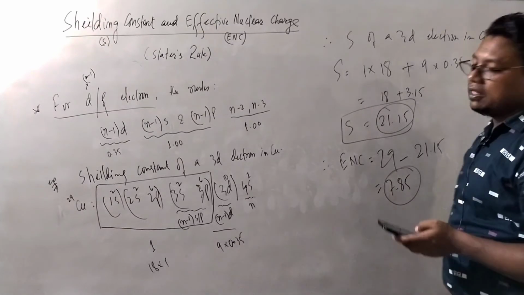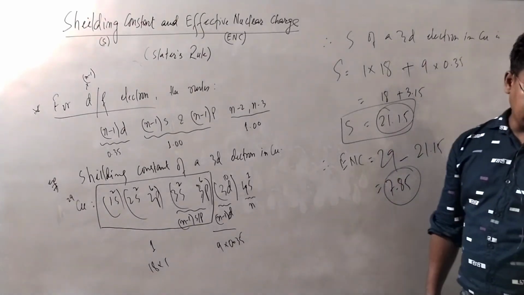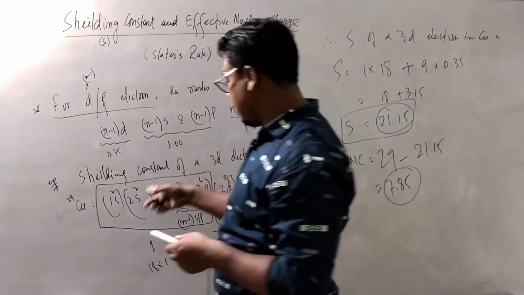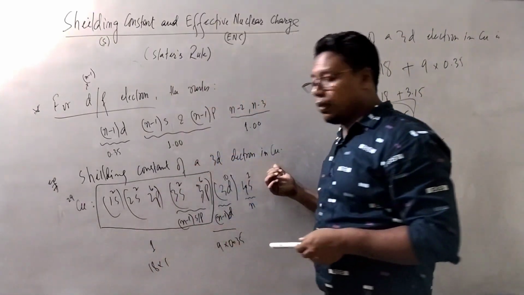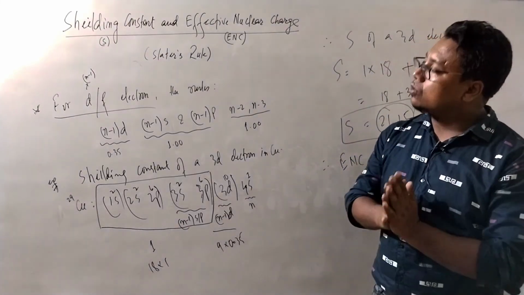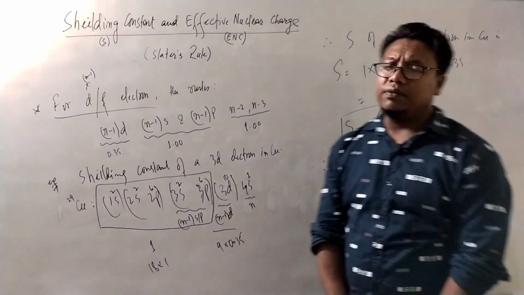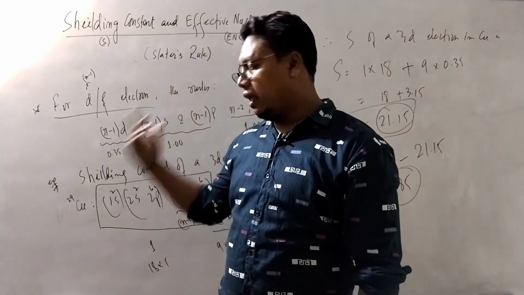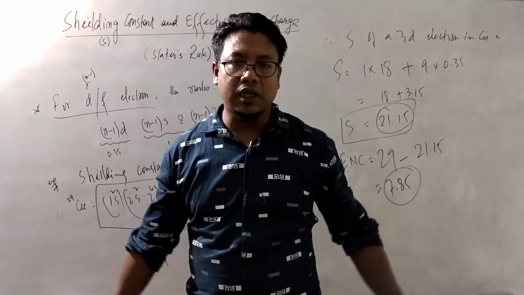This is the effective nuclear charge on an electron in 3d subshell of which element? Copper. Okay, I hope you understand how to calculate shielding constant and effective nuclear charge of any electron in s, p, d, f. Okay, thank you for today.